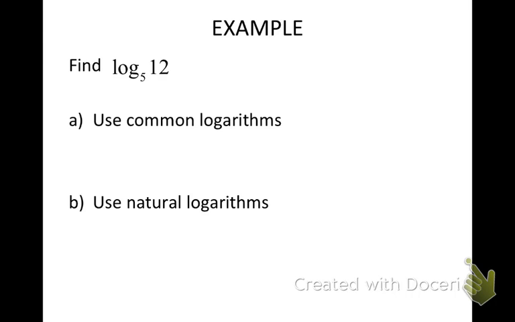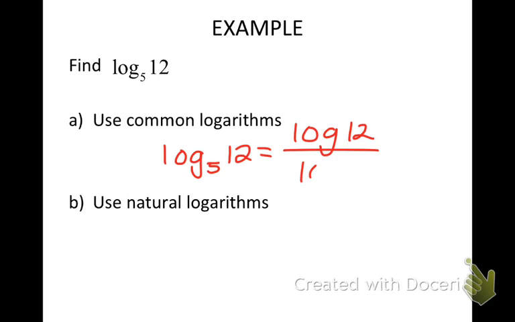So now we're going to use common logs for our change of base. So what I can do is I can rewrite log base 5 of 12 is equal to log of 12 divided by log of 5. The base goes in the basement.